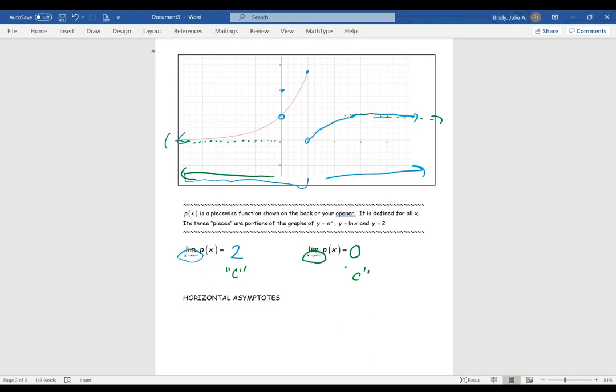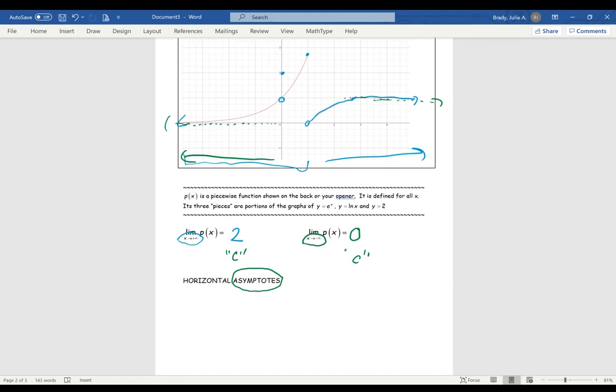So asymptotes are lines. For me, I actually Googled, there's a bunch of different definitions, but for me, they're the lines that describe how a curve essentially behaves. And so if you have a horizontal line describing how a curve behaves at the ends, okay, that comes from a limit.